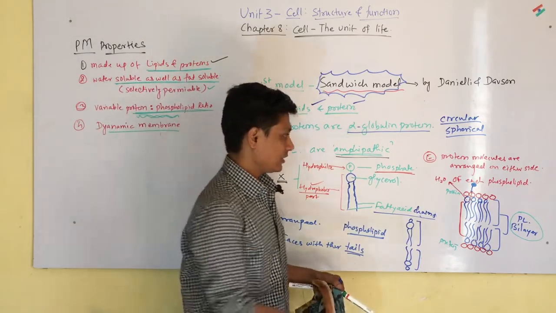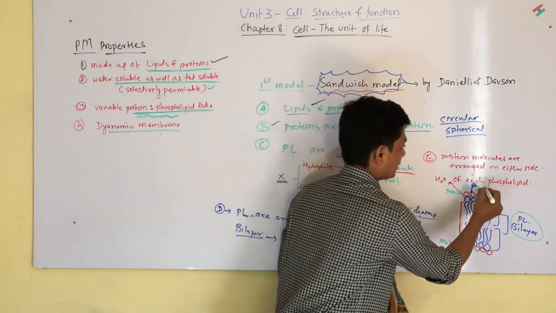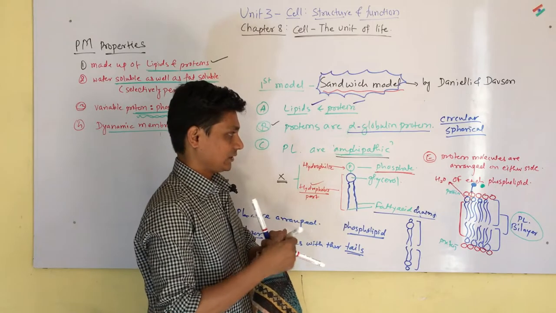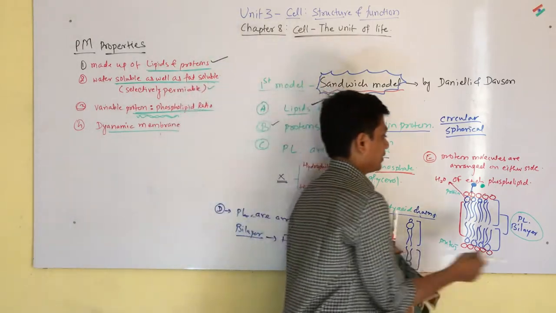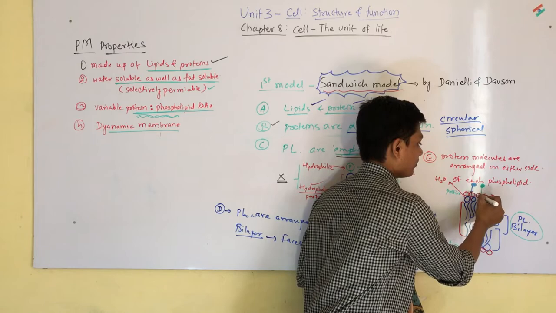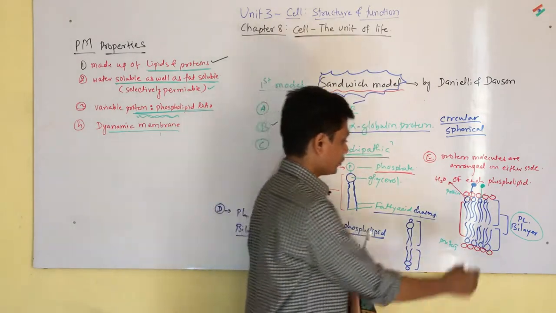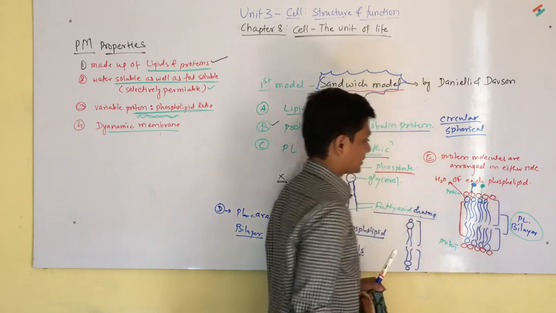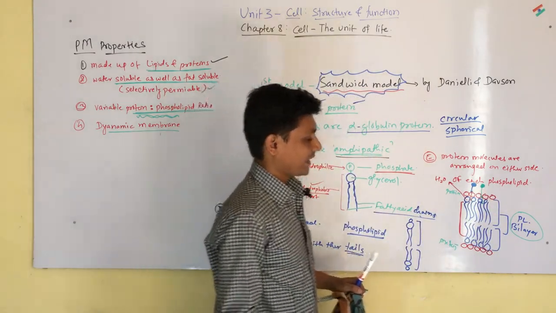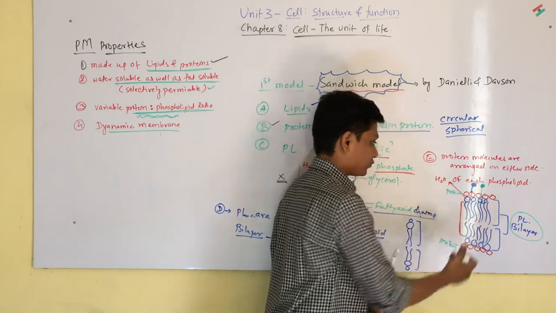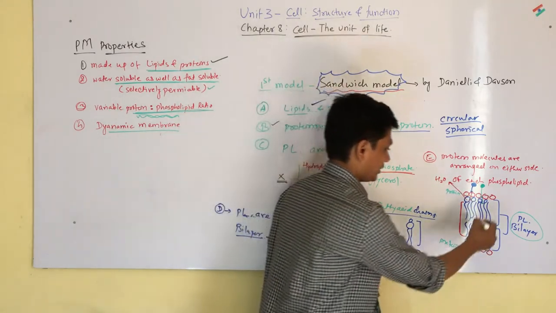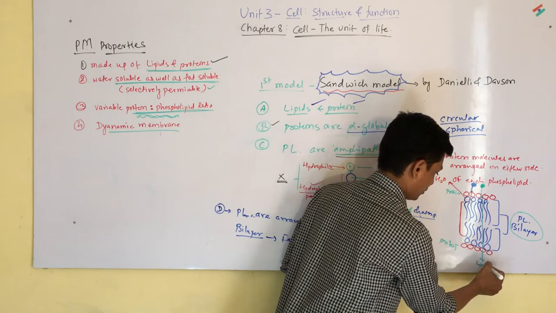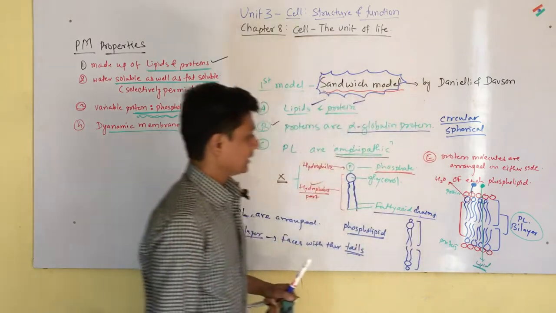We will also see the second point: if a lipid molecule is there, what happens with it? There is no issue for the proteins to pass the lipids, and no issue for the phosphate group to penetrate or pass the lipid molecule. And as we know, this is a lipid soluble or lipid loving part, so there is no hurdle for lipid to penetrate inside the cell.